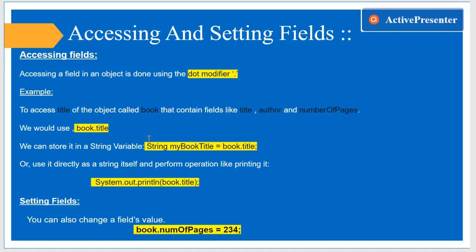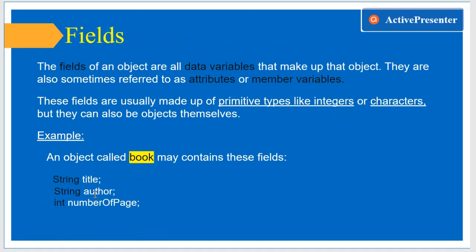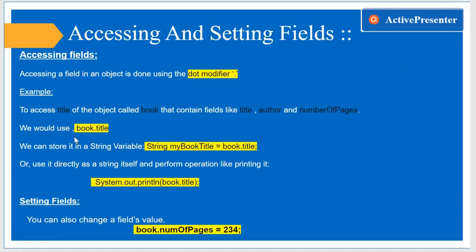Accessing and setting fields. How do we access these fields? Using the dot operator. Accessing a field in an object is done using the dot operator. Example, to access the title of the object called book that contains fields like title, author and number of pages, we would use book.title.